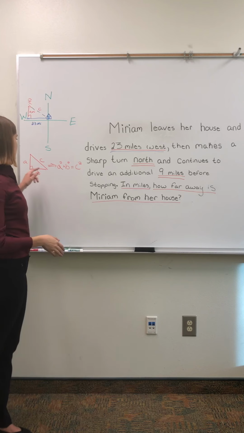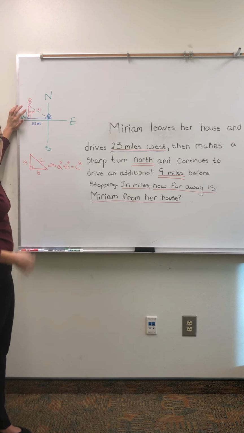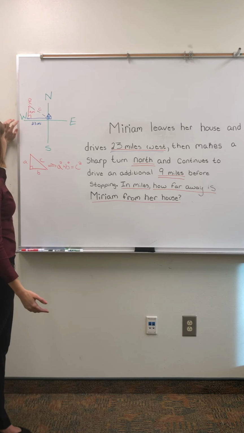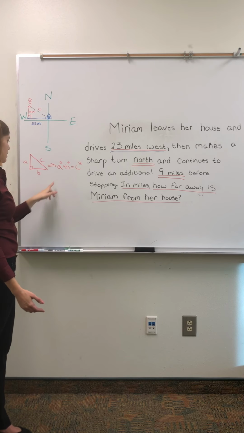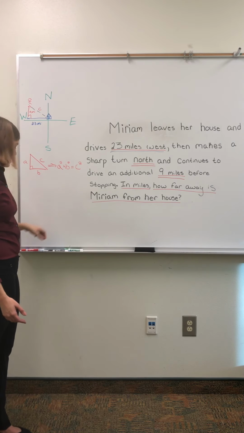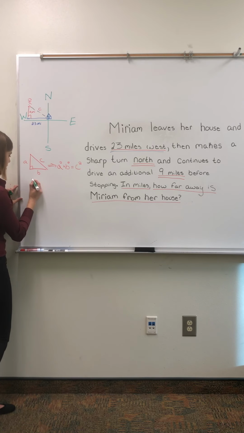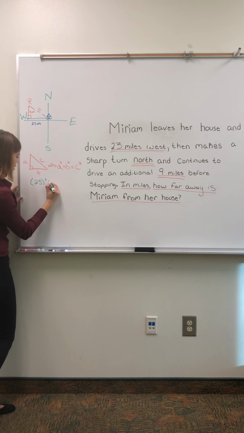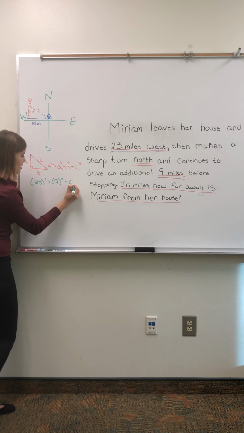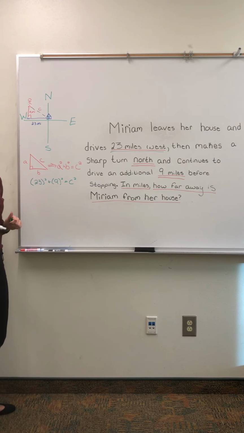As we established, we are trying to find C, which is the hypotenuse, which means we have to use our two other units for A and B. So we're going to just go ahead and say that 23 squared plus 9 squared is equal to C squared.